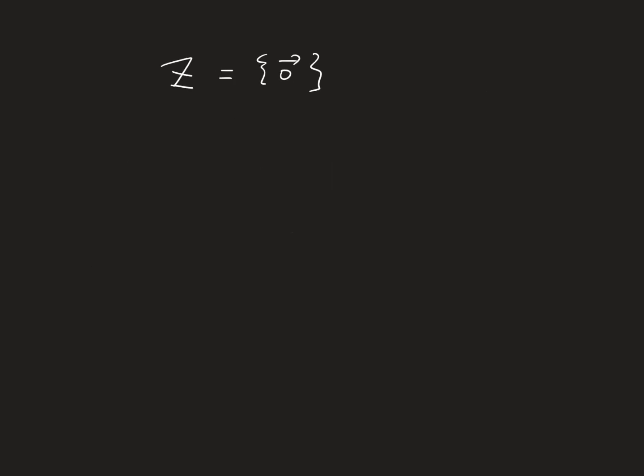This is the trivial vector space because it has only the 0 vector. And I need to mention this because when I ask a question in any midterm or final exam, what is the basis of Z?